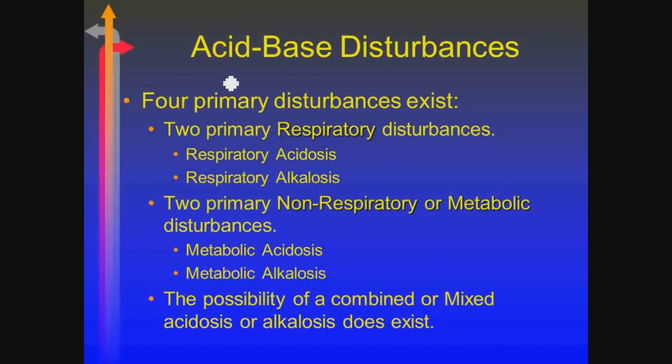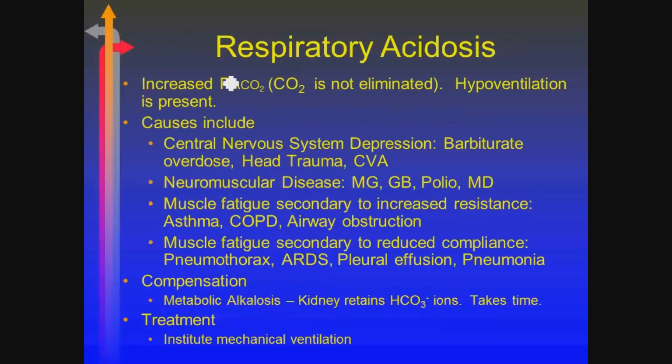Okay? So let's talk about these individually. First one, respiratory acidosis. Acidosis implies that the ratio is less than 20 to 1. The denominator has gotten larger. This is where the PCO2 is being increased, meaning that I have hypoventilation present.